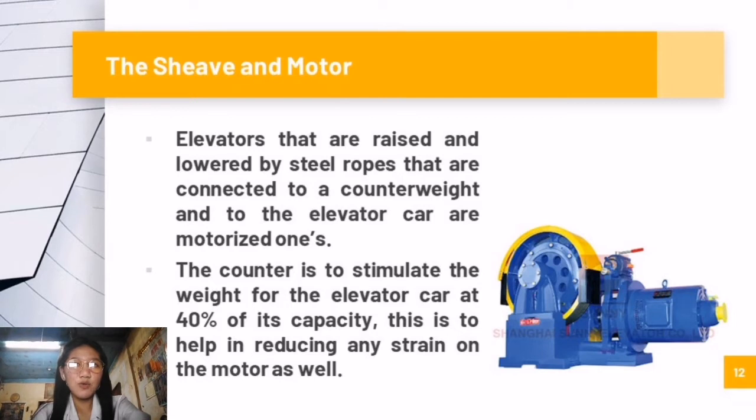It has grooves in it and lets the rope be lifted, raised, and lowered. The sheave is connected to an electric motor. When the motor turns one way, the sheave raises the elevator. When the motor turns the other way, the sheave lowers the elevator. And it is the motor that keeps the sheave moving in the correct direction, taking people where they need to go.